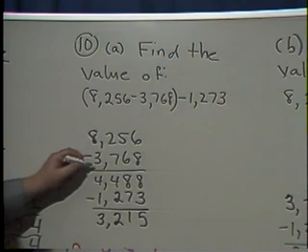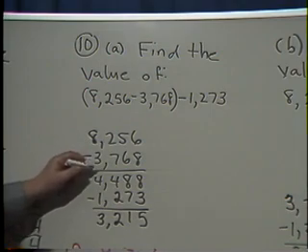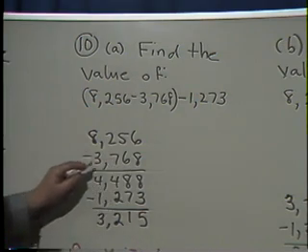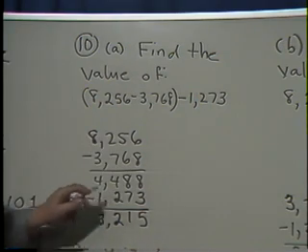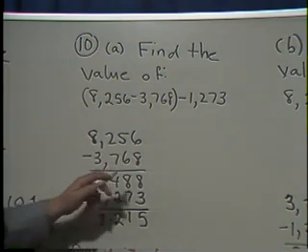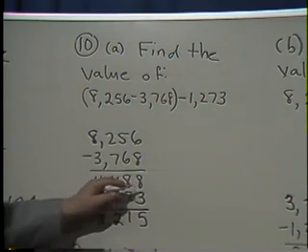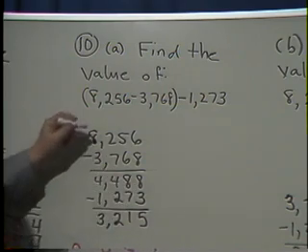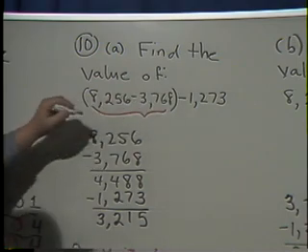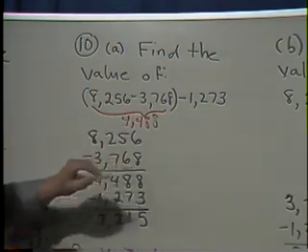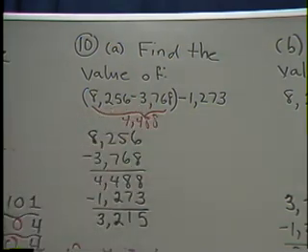This says, first of all, subtract the 3,768 from 8,256. And that's what I do over here. Leaving out the details, I subtract 3,768 from 8,256. I'm going to get what? 4,488. We'll just leave the details to you. I think that part's easy enough at this stage. The important point is that 4,488 just stands for what's in parentheses.